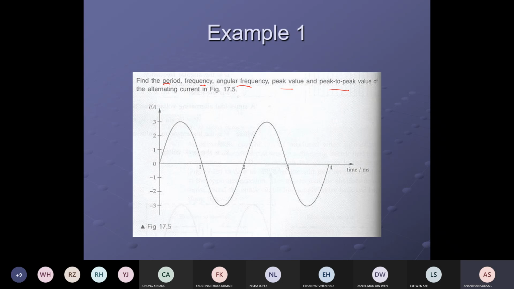Find the period, frequency, angular frequency, peak value, peak to peak value of this alternating current. Two minutes. Try to take a piece of paper, try to calculate.